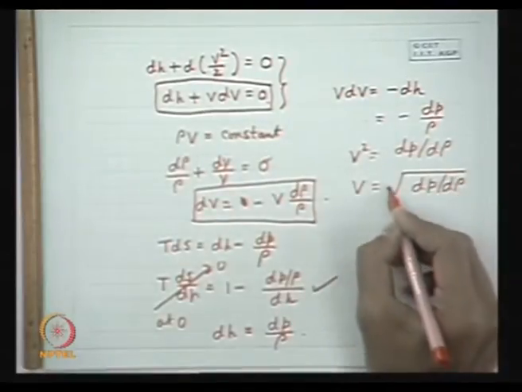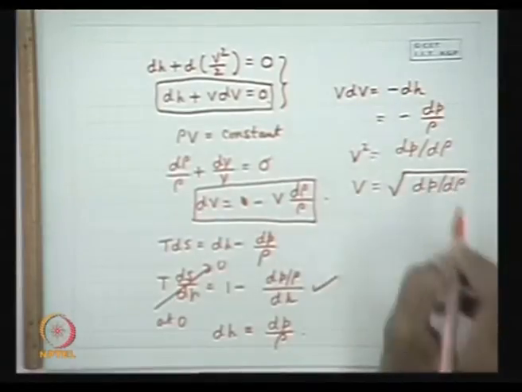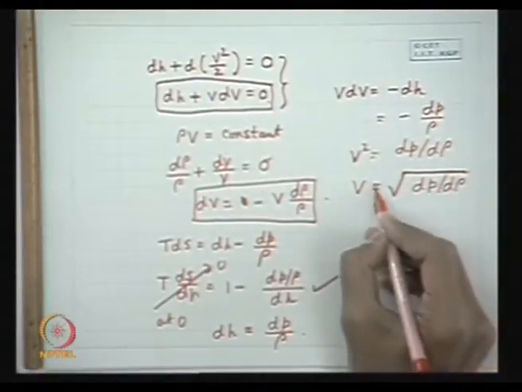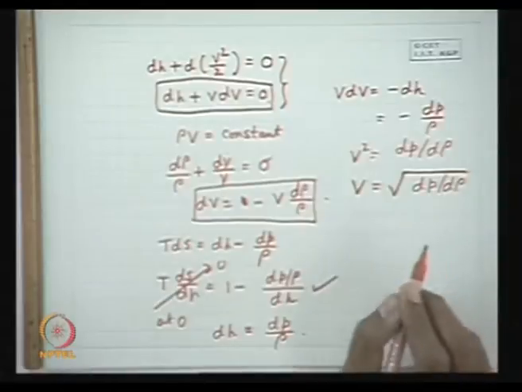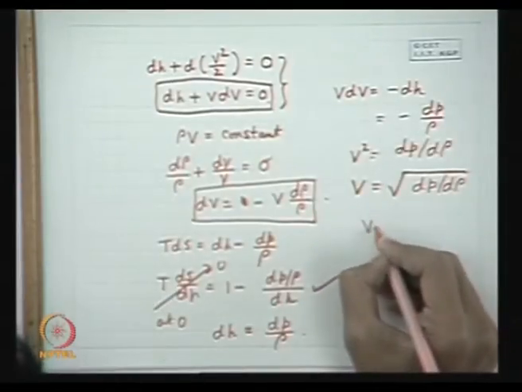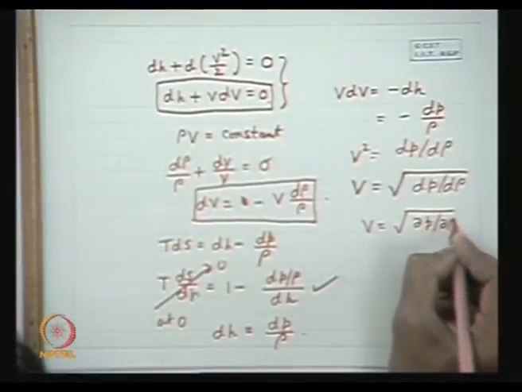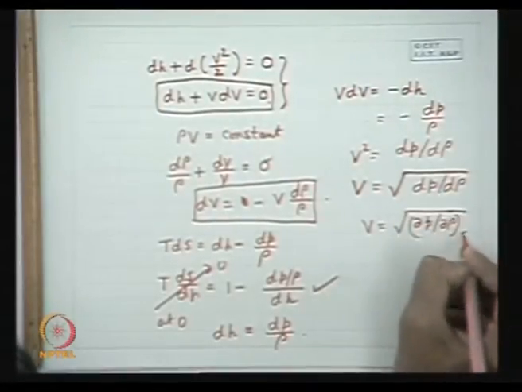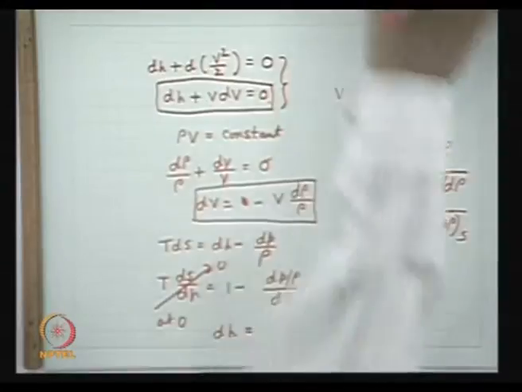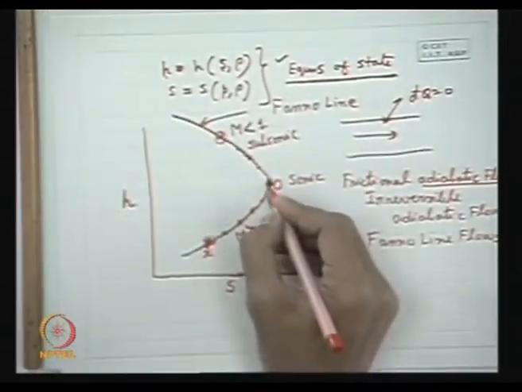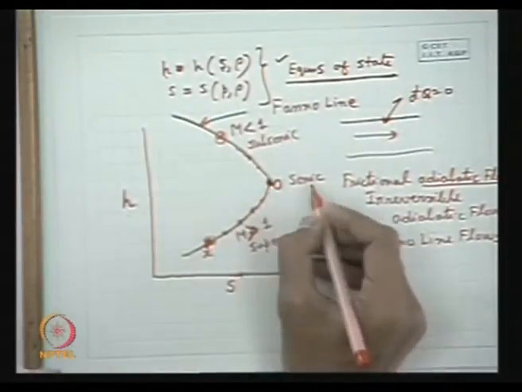Since the process is considered adiabatic, and if we consider the shock as an isentropic process, we can write V square is del P by del rho at constant entropy. So at O the flow attains the sonic condition, that is, the sonic velocity.